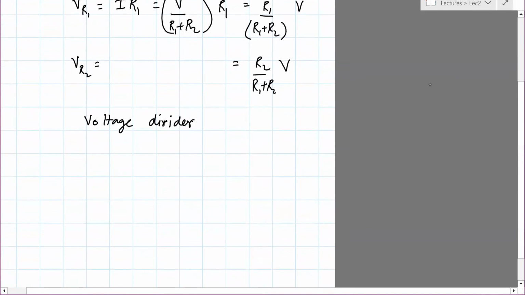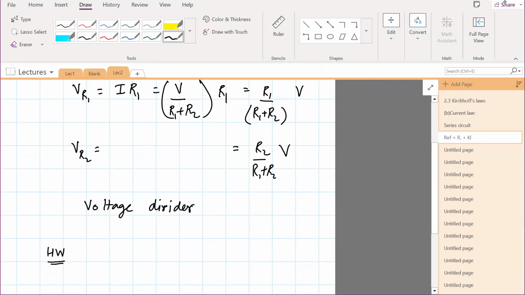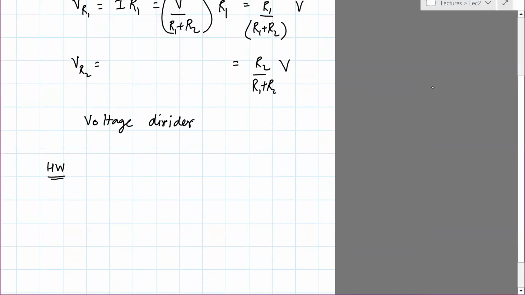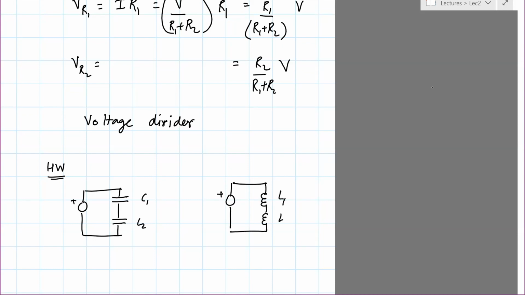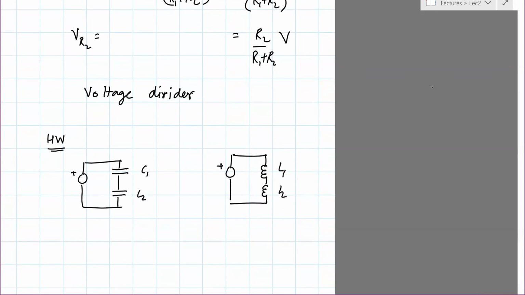Okay, now you can try these things out. You can try to analyze a circuit involving capacitors C1, C2 and inductors L1, L2, and try to compute the effective capacitance and inductance.